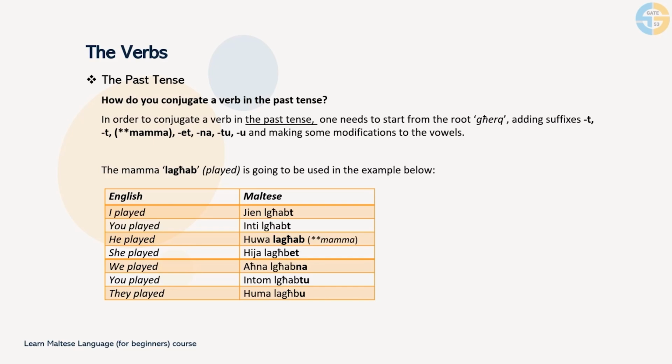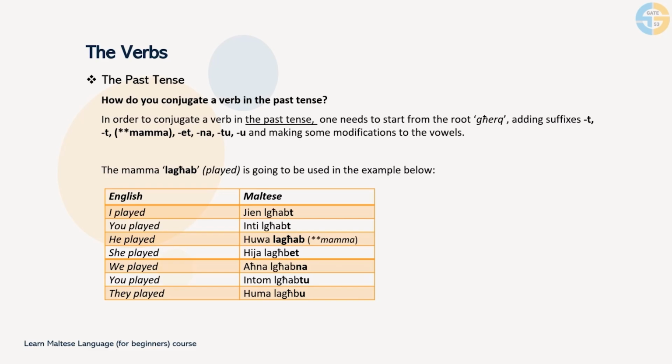So suffixes t, t, the mamma, et, na, tu, and u, and making some modifications to the vowels. So let's see the example below.